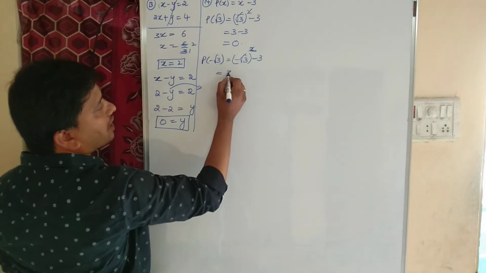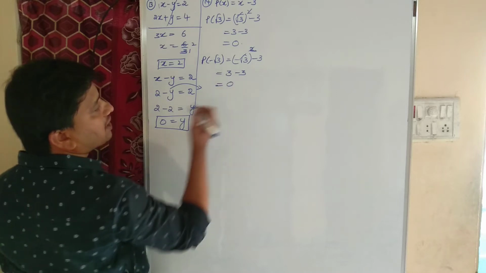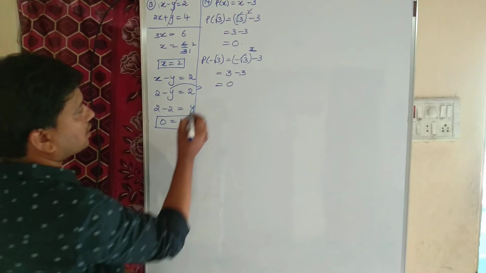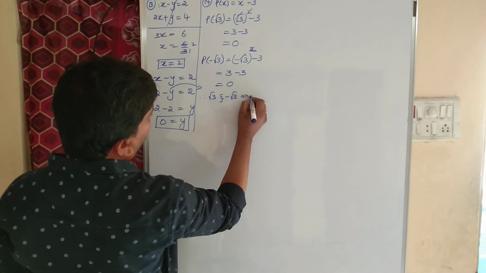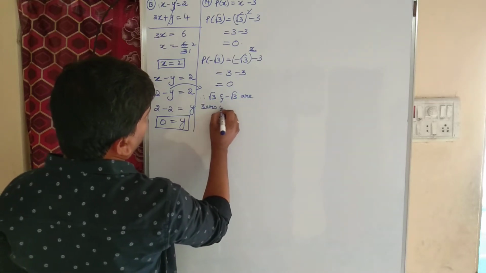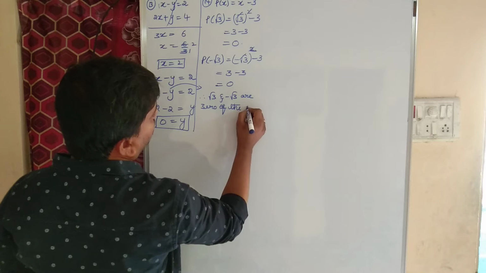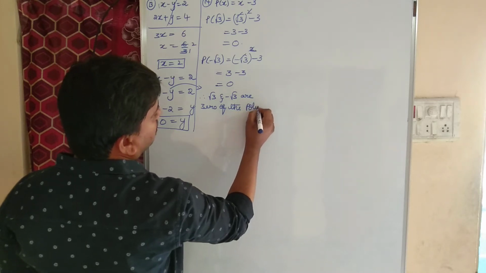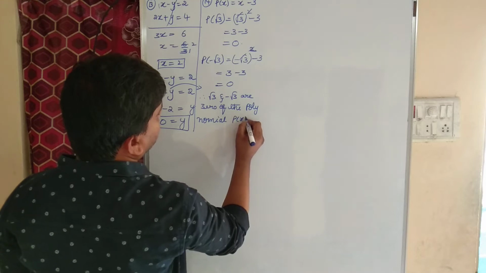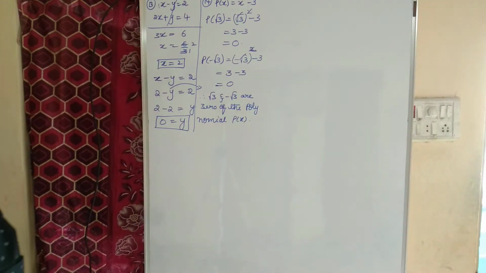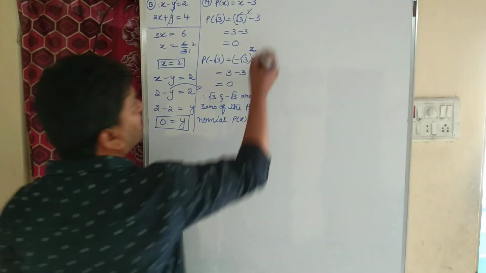Again the square and root get cancelled, 3 minus 3 implies 0. Hence, root 3 and minus root 3 are zeros of the polynomial p of x, that is x square minus 3. Okay children, which is the easiest question?